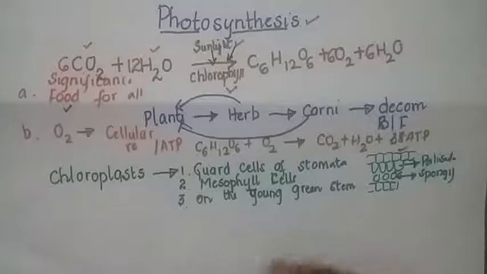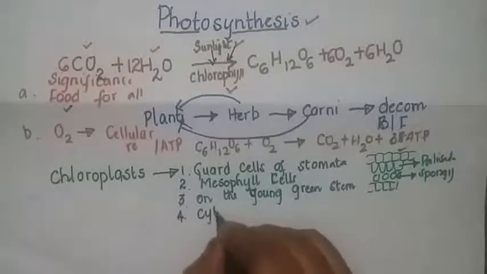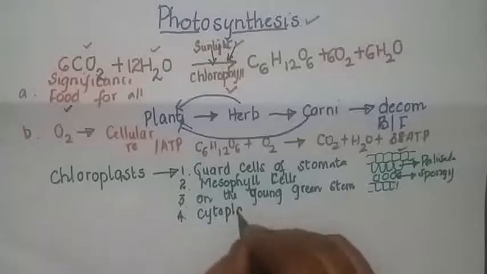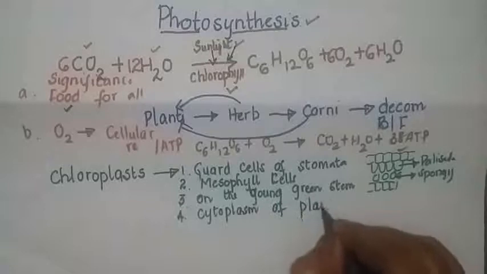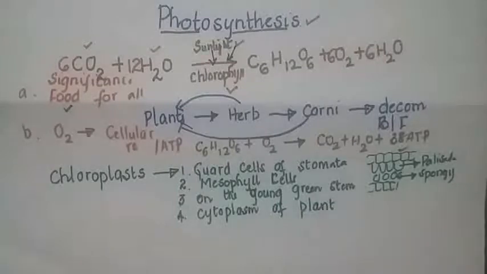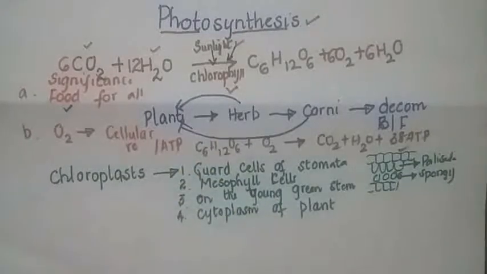So these are the various locations, or you can also say it is found in the cytoplasm of the plant cell, especially the green plant cell. So anything can be written when they ask you about the location of the chloroplasts.